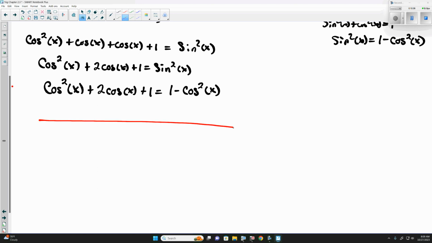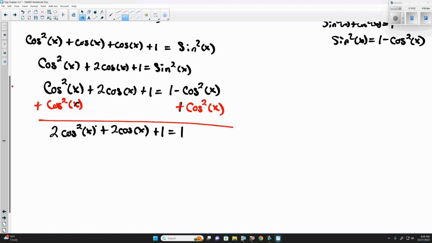Now again, since we are dealing with another quadratic, we have a squared term, we'll want to get this equal to 0. So we can add cosine squared of x to both sides, which will give us 2 cosine squared of x plus 2 cosine of x plus 1 is equal to 1.